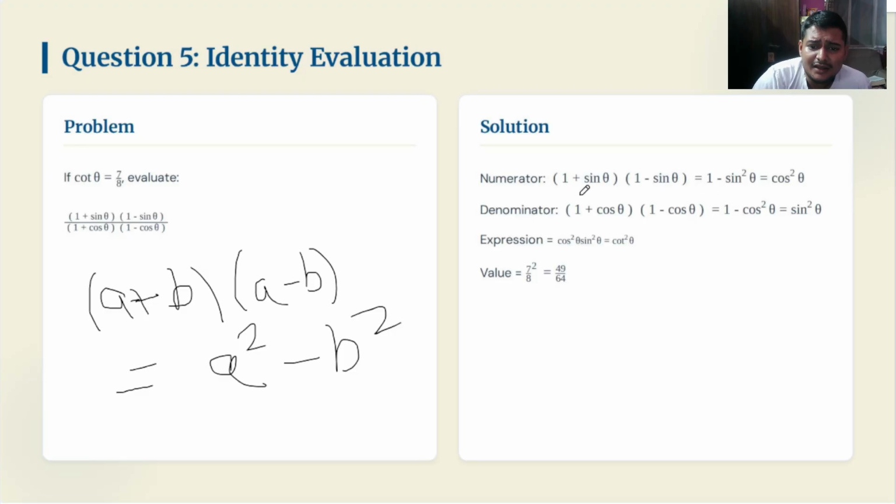So this is A and this is B. So 1 minus sin square theta, and from the Pythagorean relations, the fundamental identity theorems, we know 1 minus sin square theta equals cos square theta. Again, in the denominator, 1 plus cos theta, 1 minus cos theta, the same relation applies. Hence A square minus B square. So 1 minus cos square theta is sin square theta.